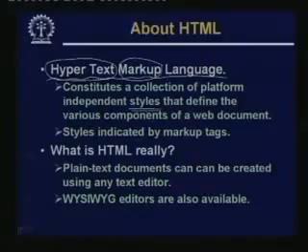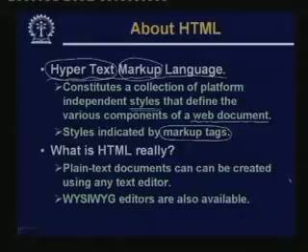They are actually part of some kind of a standard, and these styles will define the various components of a web document and will actually specify how the document will be displayed on the window of the browser. Now in HTML, these styles are specified by something called markup tags. This we shall be explaining very shortly.